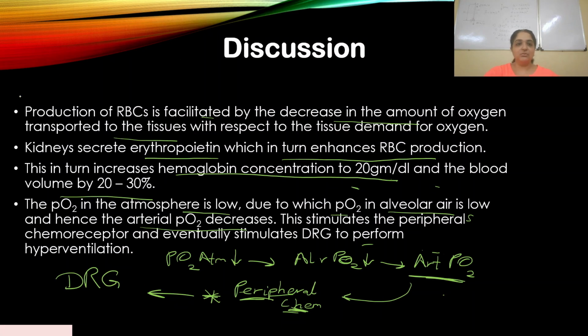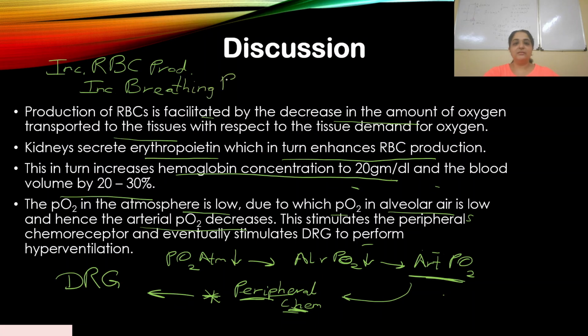Now you've answered both the questions: increased RBC production and increased breathing rate. If you want to study more about breathing rate and how this works, please refer to my video on neural and chemical regulation of breathing.